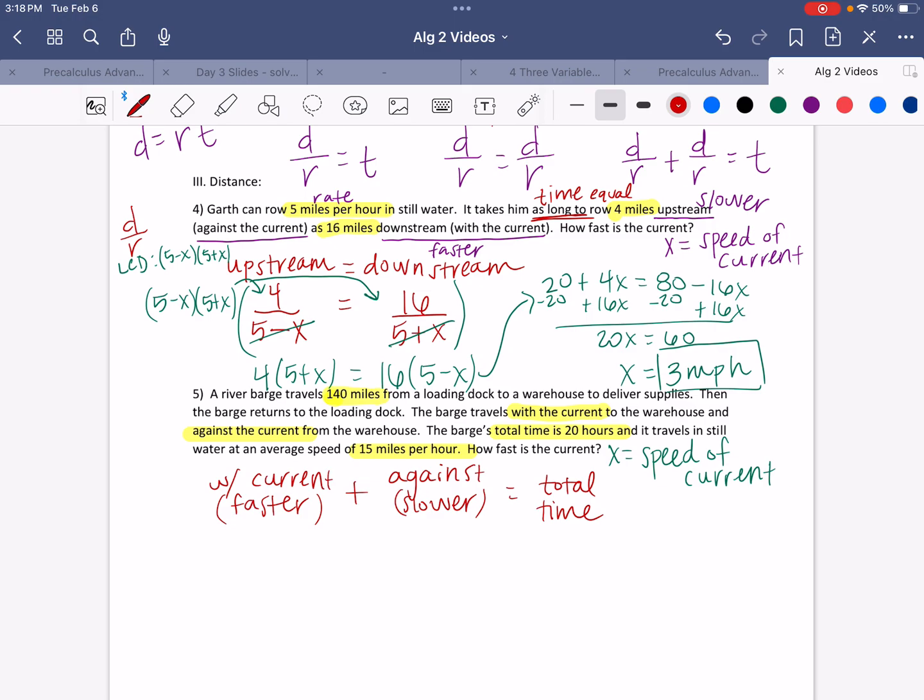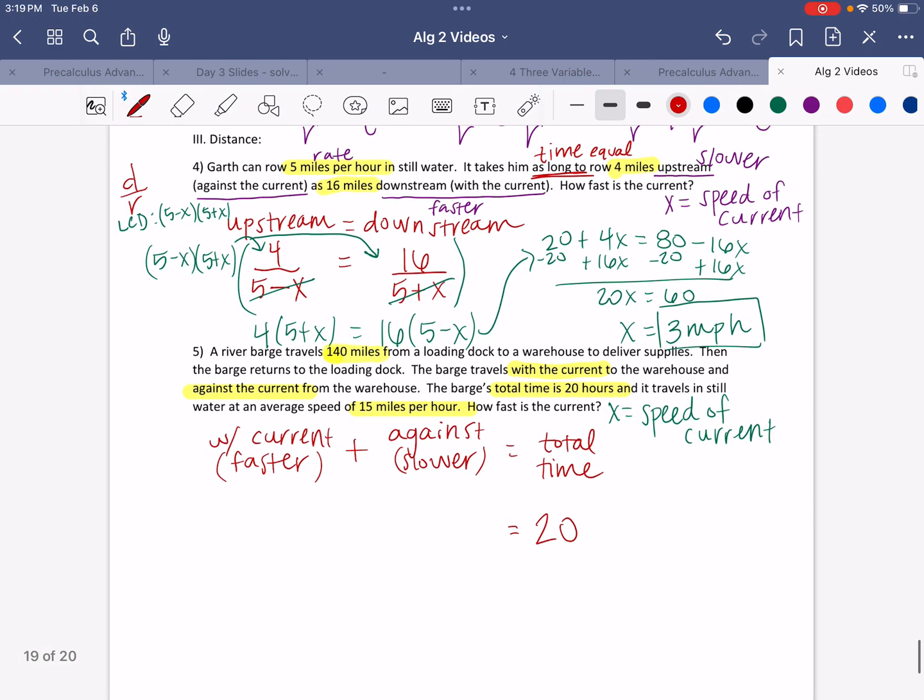So let's try to set up a question like this. Our total time we know is 20 hours. And if time is isolated, it's going to be distance over rate. And we have two parts to this trip. So this is going to be like this third equation we wrote over here to the right.